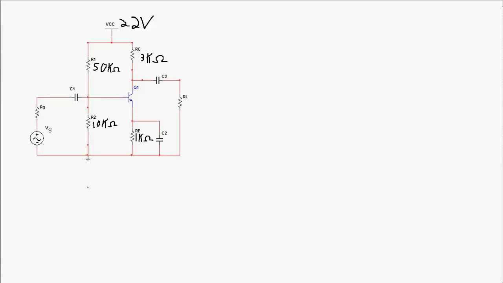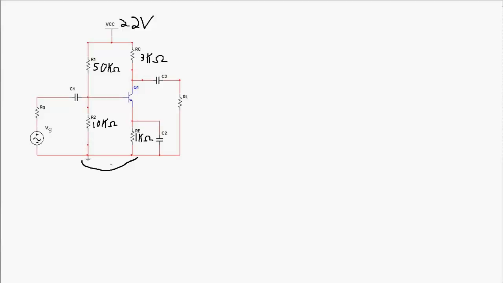But before you get into the AC analysis, you'll notice that all of this, the two resistors biasing the base, the resistor at the emitter, the resistor at the collector, and the DC voltage source, are all DC biasing.